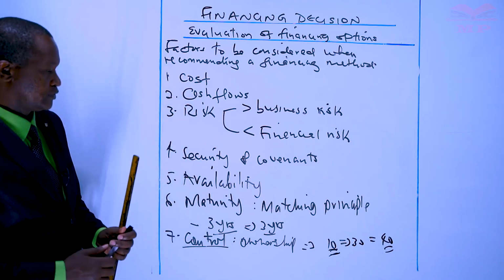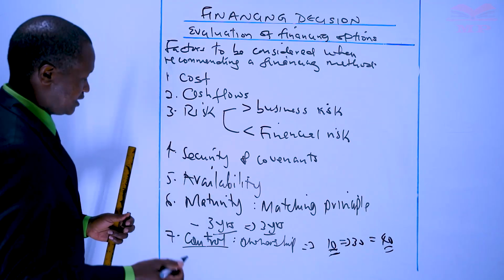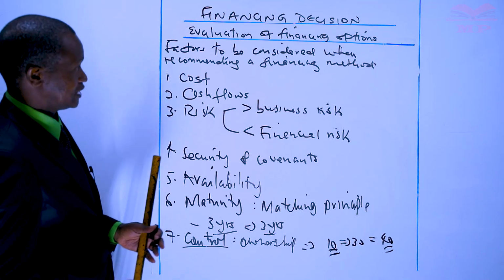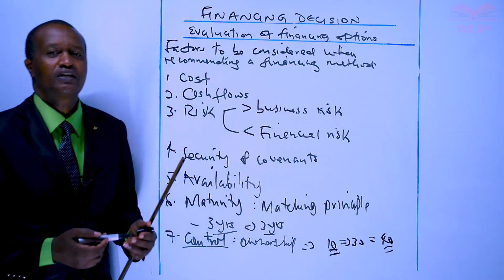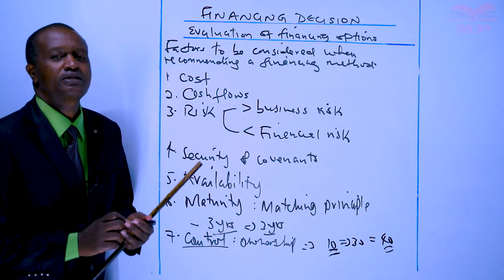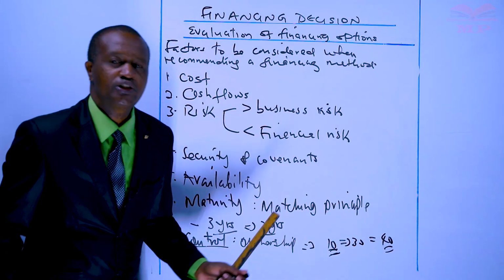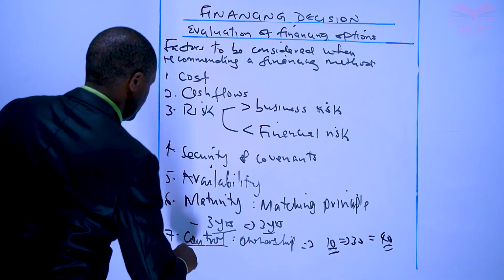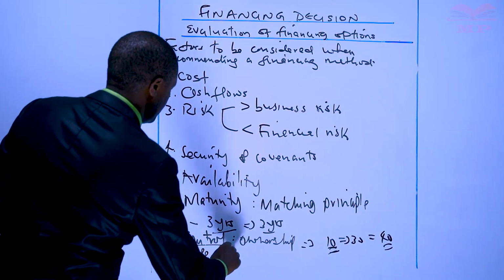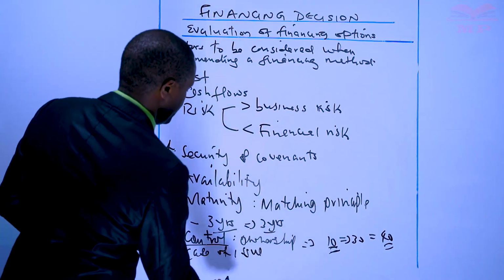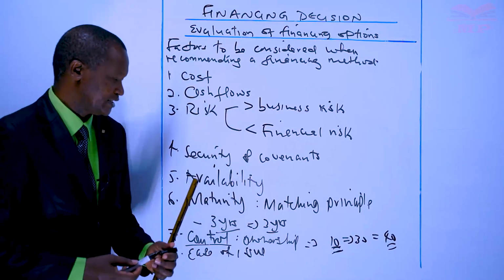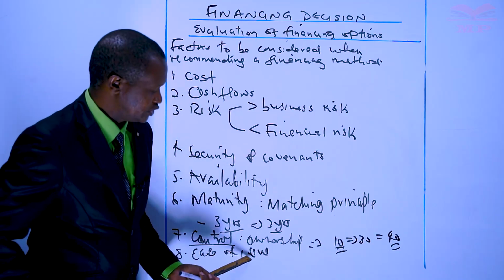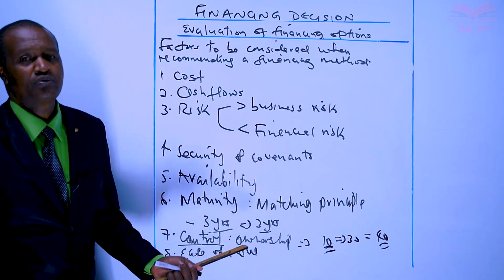Control. We can discuss many other factors. These are 7 factors. We have other factors like costs and ease of issue. How easy is it to issue shares, for example?